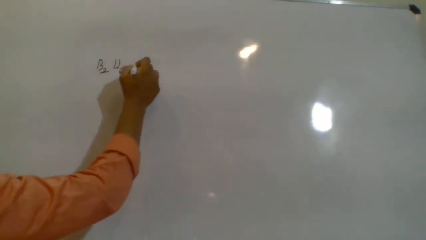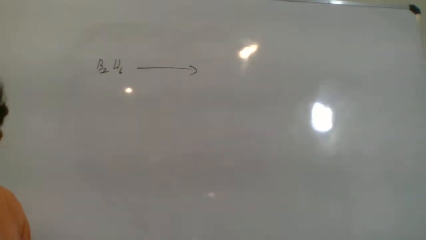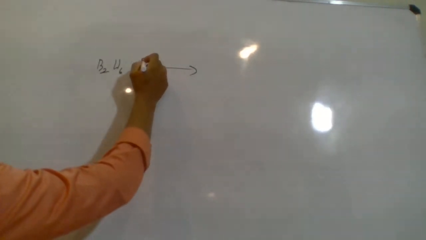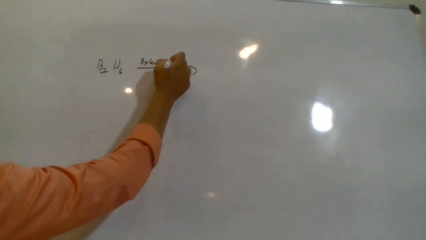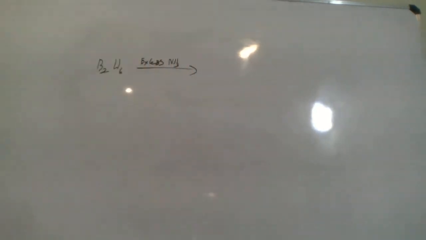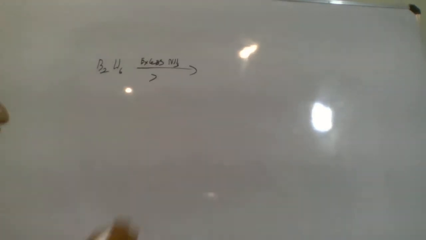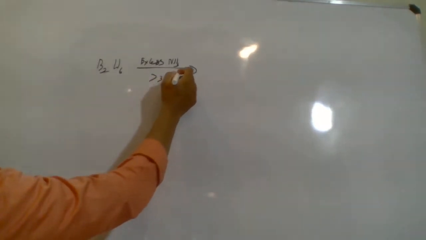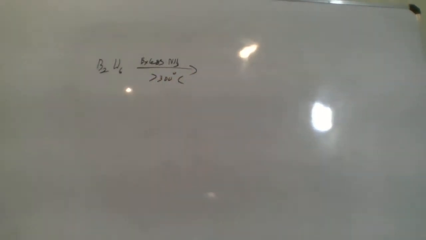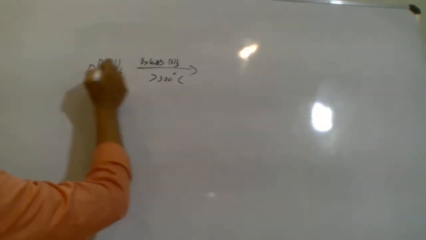First, from diborane, B2H6. When diborane is heated to high temperature in the presence of excess ammonia, at a temperature above 300 degrees Celsius, you will see boron nitride will be formed.